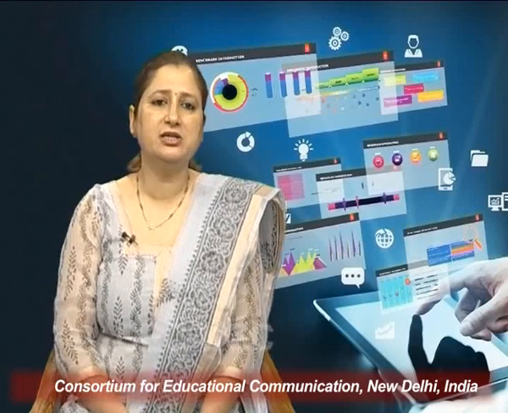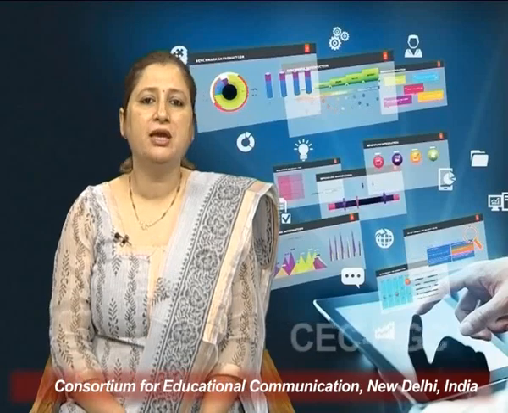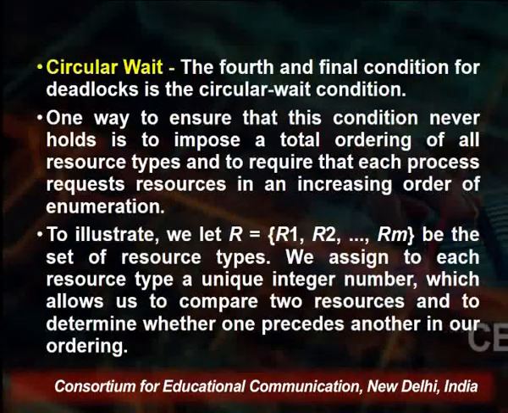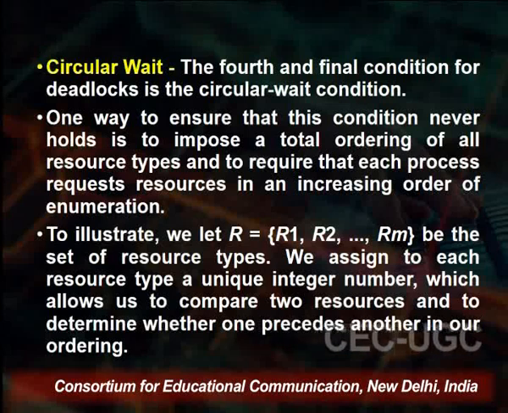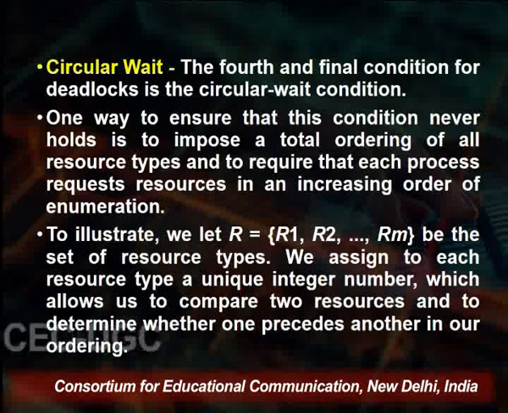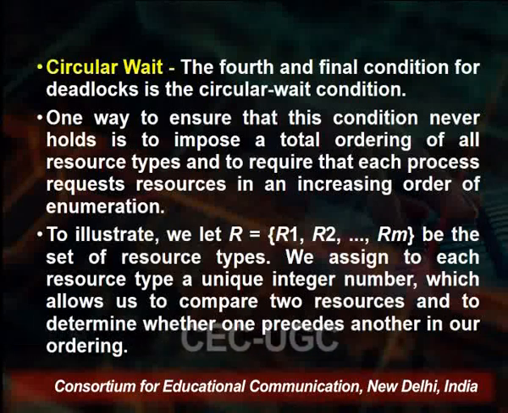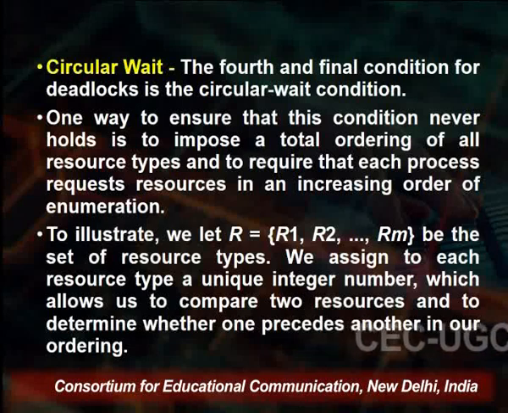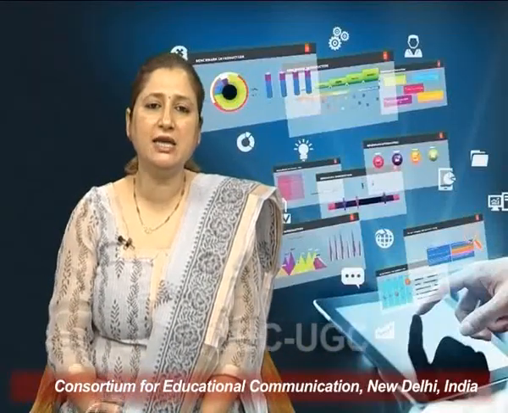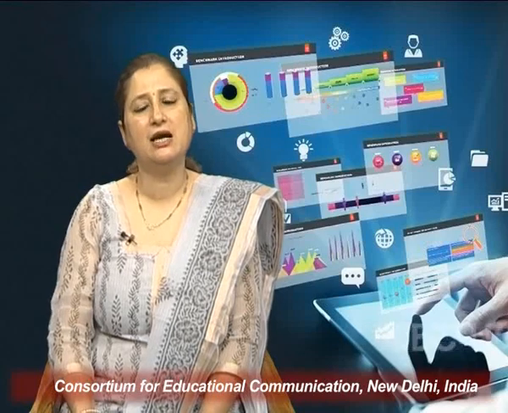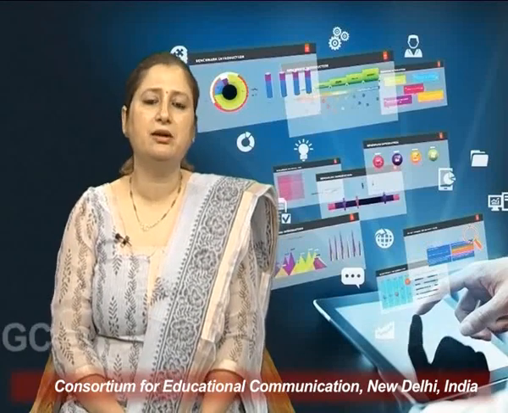The last condition is the circular wait condition, in which each process is waiting for a resource which is held by another process. In this case also we can ensure that this does not occur by assigning an incremental integer number to each resource, and the processes can only ask for the resources based on their number, so that a resource which is higher in number can only be asked for when a resource which is lower in number is given.